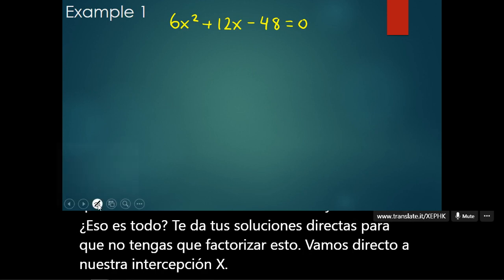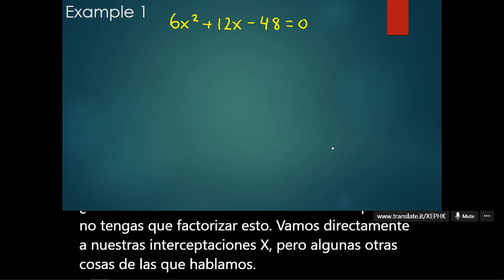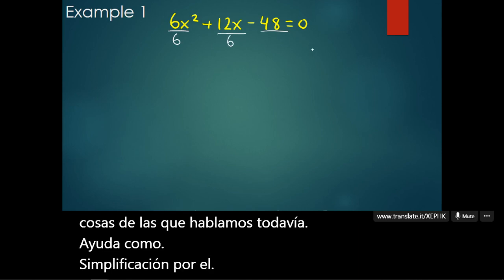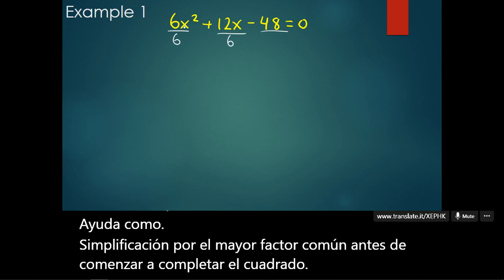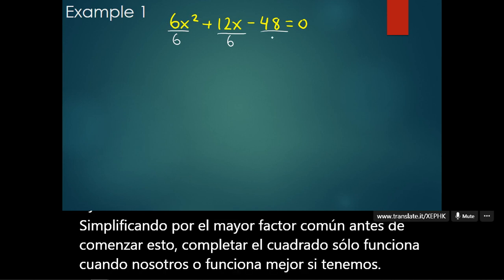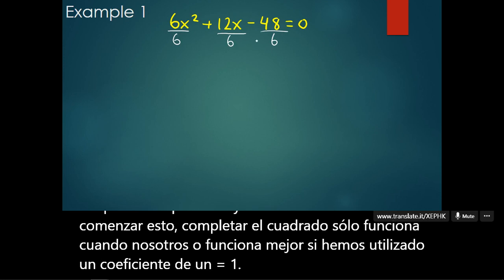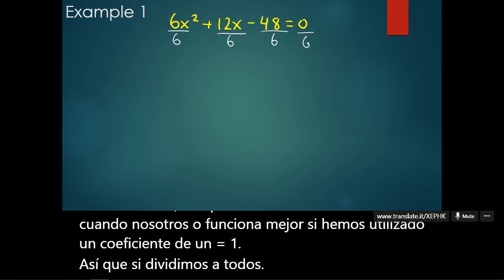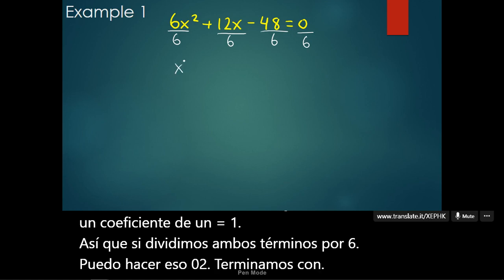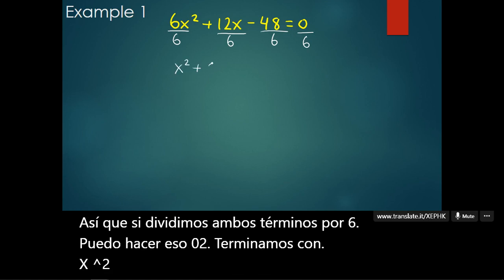But some of the things that we talked about still help, like simplifying by the greatest common factor before we begin, because completing the square works best if we use a coefficient of a equals 1. So if we divide all these terms by 6, we end up with x squared plus 2x minus 8 equals 0.